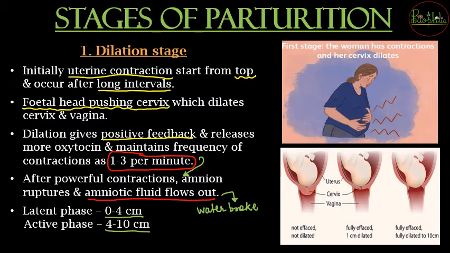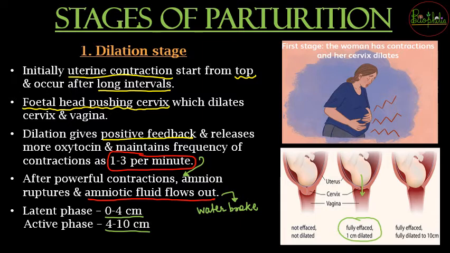So if you can see in the photograph as well, first of all the fetal head will be starting to push towards the cervix. So it is not dilated yet. Once the contractions start, the fetal head will start to go more and more downwards. That is going to start to dilate, that is 1 centimeter dilated.